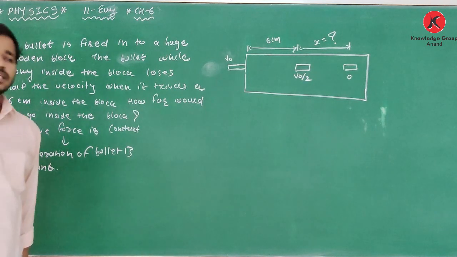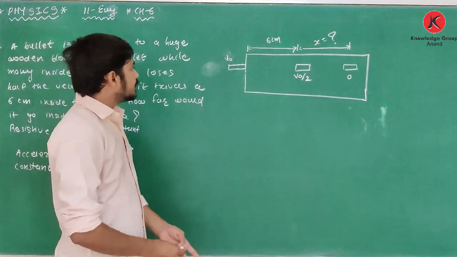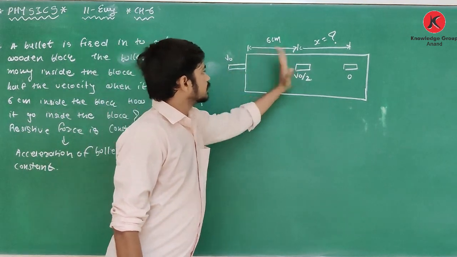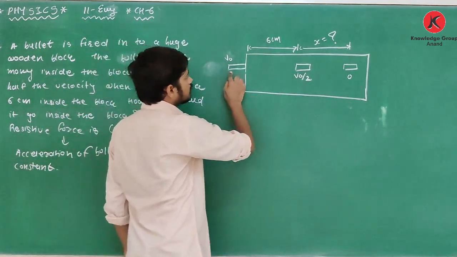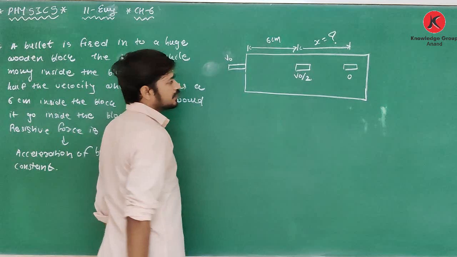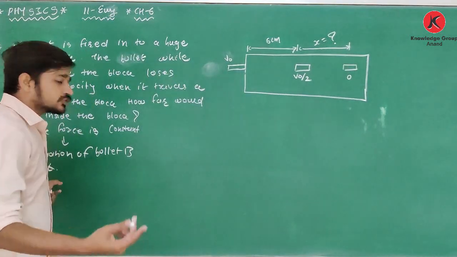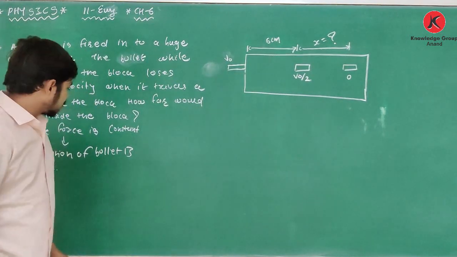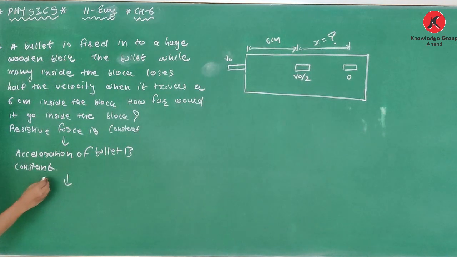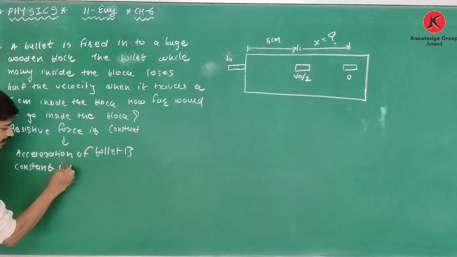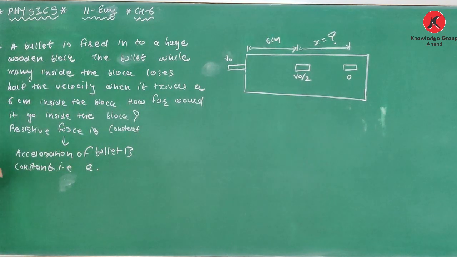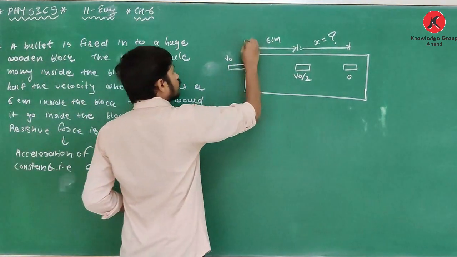Yes or no? Yes. Now how to find this? See, for this case, first v0, 6 centimeter, v0 by 2, and acceleration is constant. I am assuming that the constant acceleration of the bullet is A, for example.